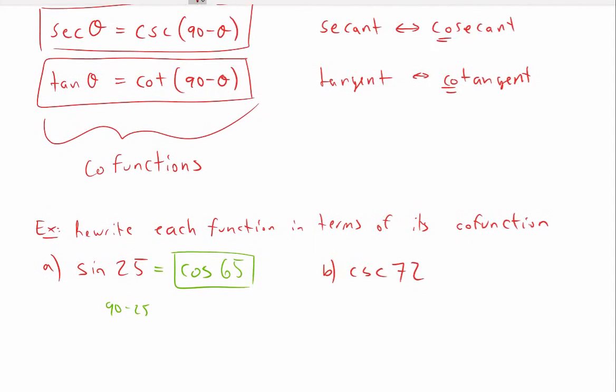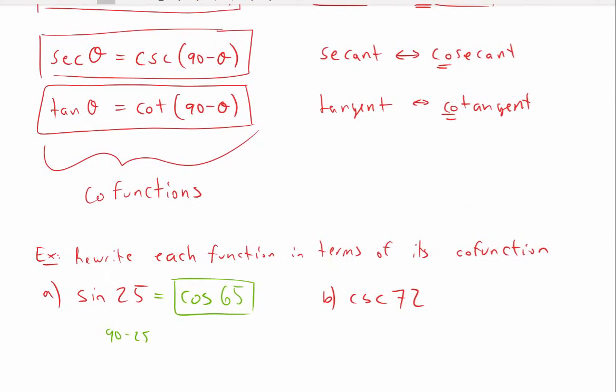Cosecant, its cofunction would be the secant function. So when we rewrite this, we want to change the angle to the complement of 72. That's 90 minus 72. Excuse me, I said that wrong.